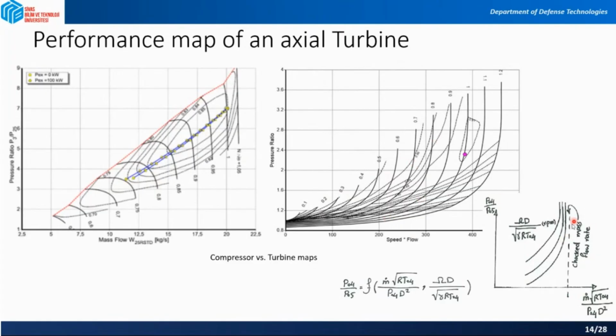And this is actually showing the choked mass flow rate for you. And the curves are actually similar to the curves that you generated for the compressor, and these are showing some non-dimensional RPM to you. So in total, overall, you can say that your pressure ratio is a function of mass flow rate and your RPM in the turbine.